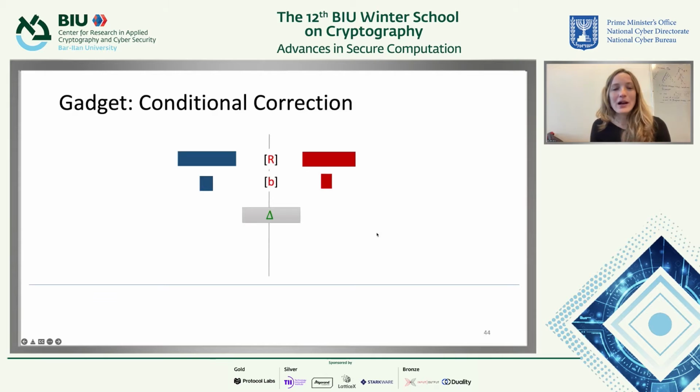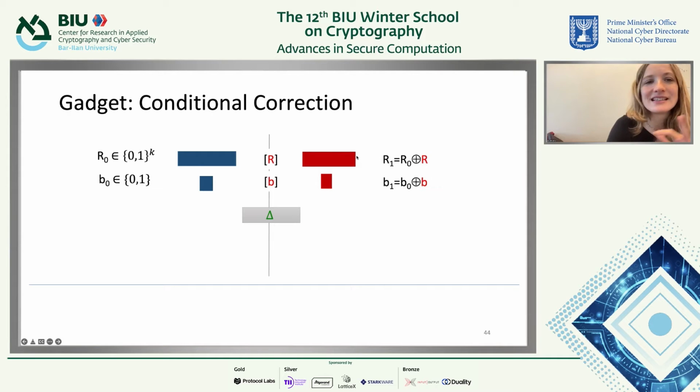We do that by what we refer to as a conditional correction gadget. Now let's take a step back and think slightly more abstractly. Suppose that we hold secret shares of some value R. This could be longer or short, whatever; it's some length K string where K is some value.